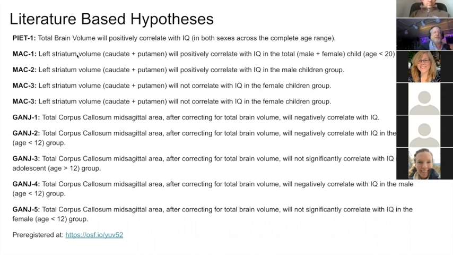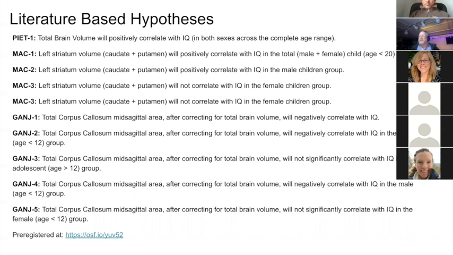Others have to do with left striatum volume positively correlating with IQ in both sexes, but maybe in the males only and not in the females. And then we have corpus callosum measurements that suggest a negative correlation with IQ across the group, and that these are different in the younger group and different by gender. Those are the 9 hypotheses that come out of those 3 publications.